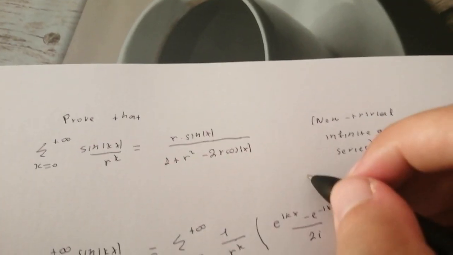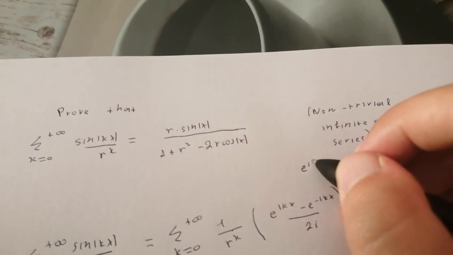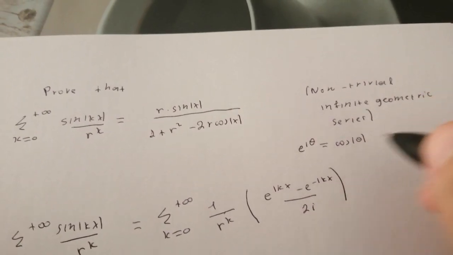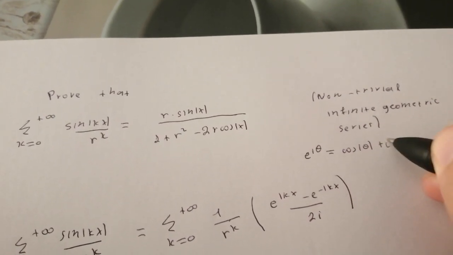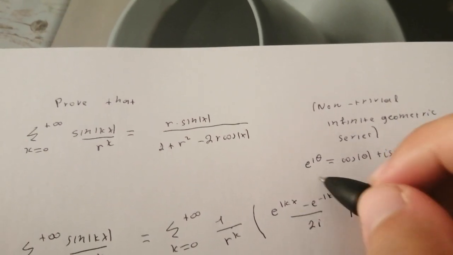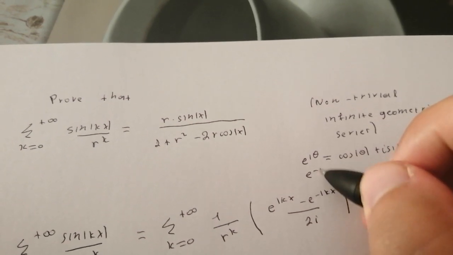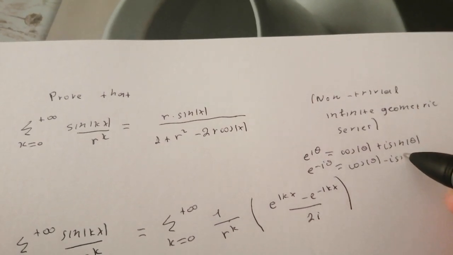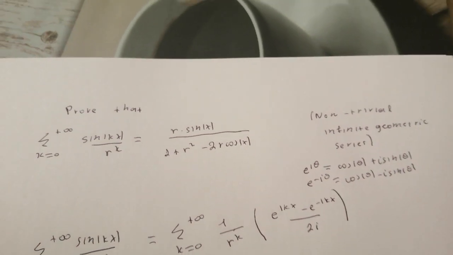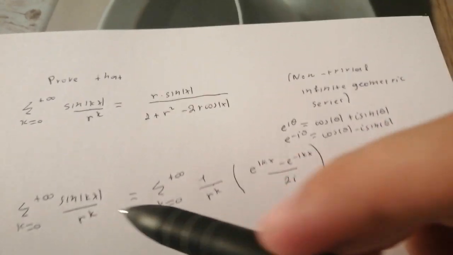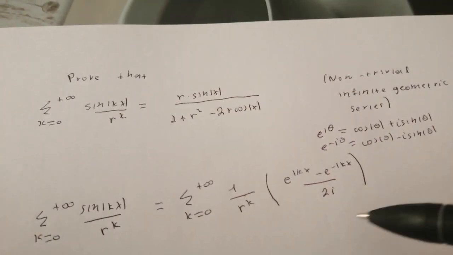We know that these formulas are valid. This is the Euler's identity. So when we have e to the minus i theta, this is cos theta minus i sin theta. So for sin kx, it can be written in this way.